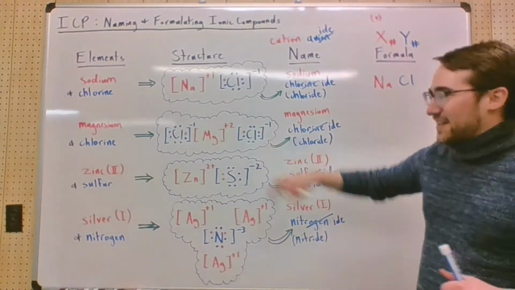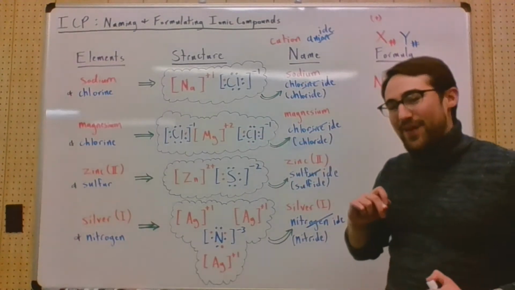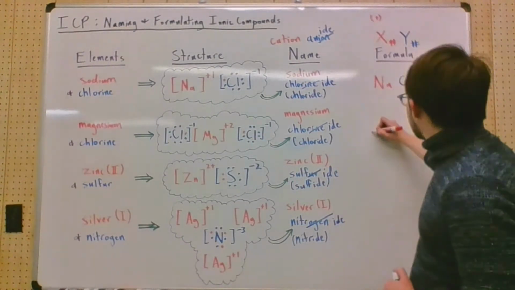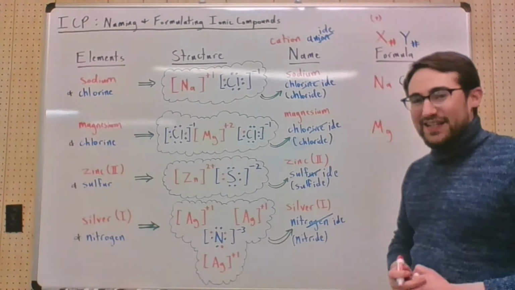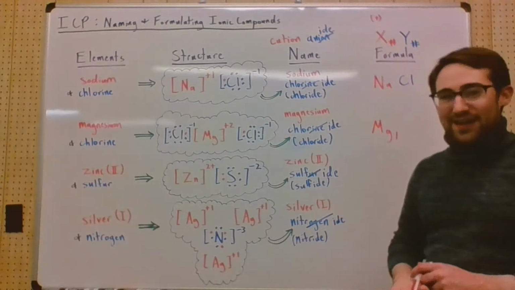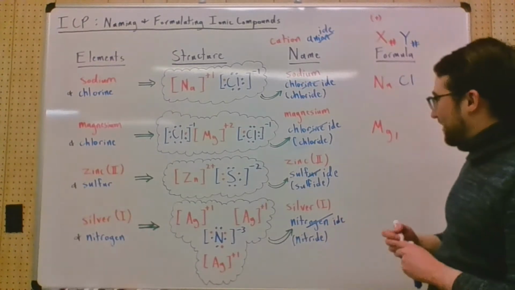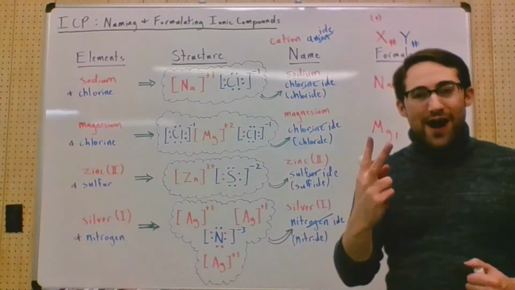All right, magnesium chloride has magnesium as the cation, the positive thing. So I'm going to write Mg there. Magnesium only shows up once. Put a little 1 down there. I might erase it later. Okay, and my chlorine is in there twice.